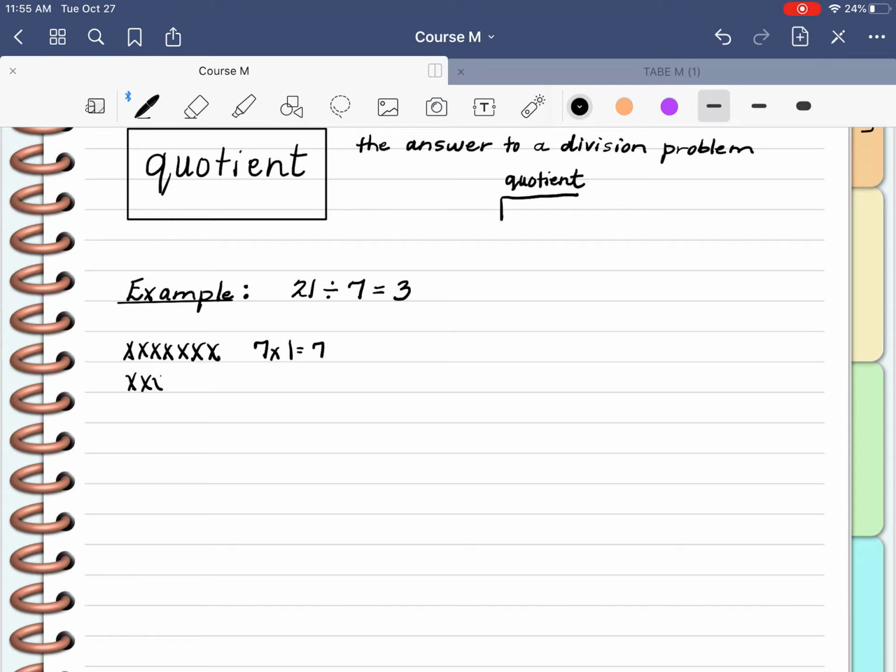Here's the second iteration of 7. That brings me up to 14. And here's the third iteration of 7. That puts me exactly at 21.